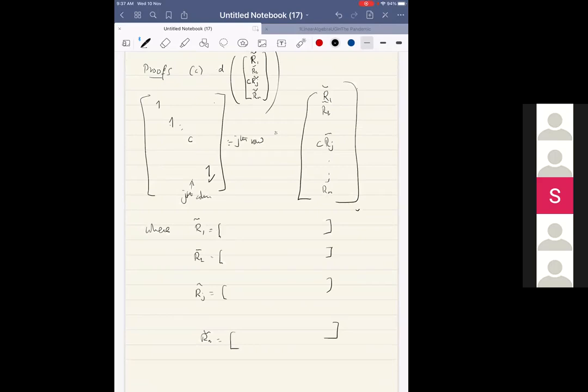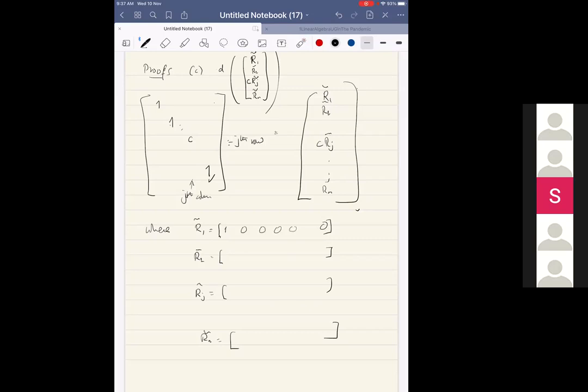I'm taking this matrix and writing it in this form. So what should R1 tilde be? So 1 followed by zeros. Exactly. 1, 0, 0, 0, etc.